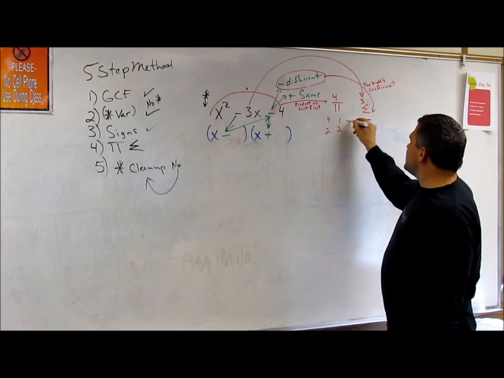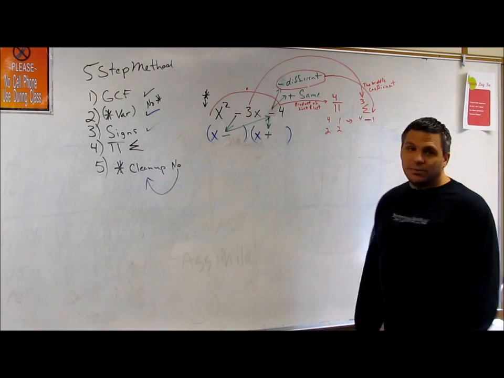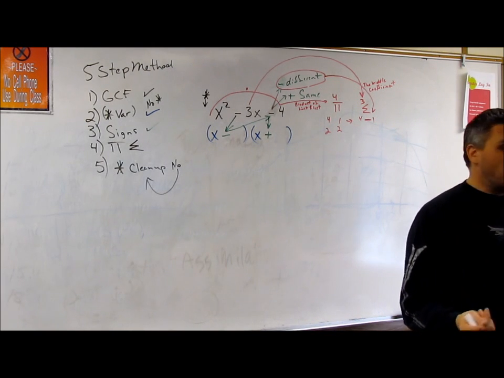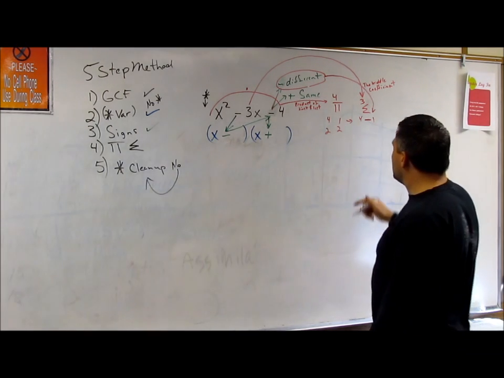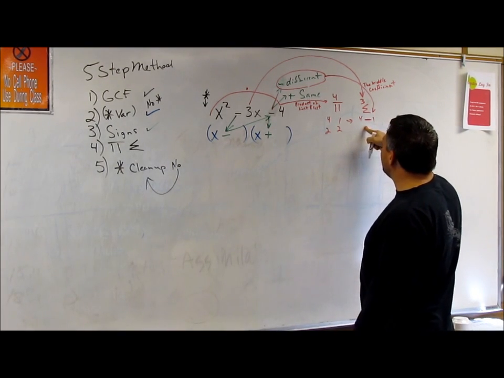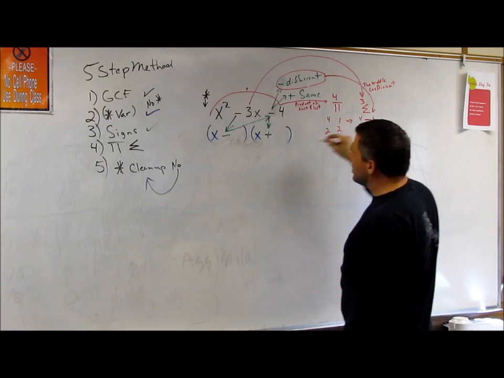And right there we can see that it's just 4 and 1. 4 and 1 multiply to be 4, but they're different by the amount of 3. So now all I have to do is put these in their place.